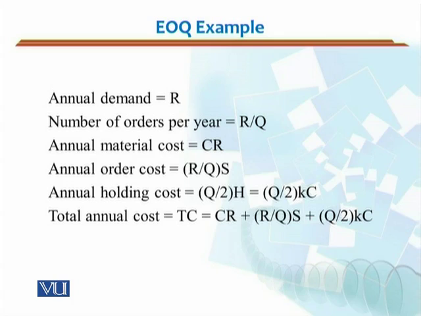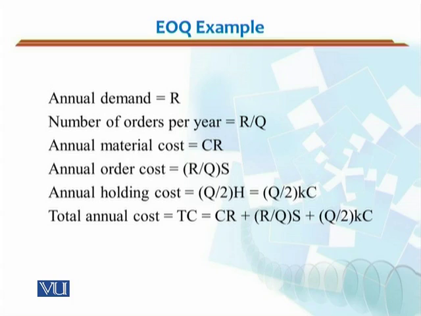The annual order cost, that is the total setup cost for the year, would be R by Q times S, that is the number of setups multiplied by the setup cost for one production run. Then the annual holding cost would be Q by 2 times H, where H is equal to the fraction K times C. So the annual holding cost would be the average inventory, or the cycle inventory, Q by 2, times K times C.